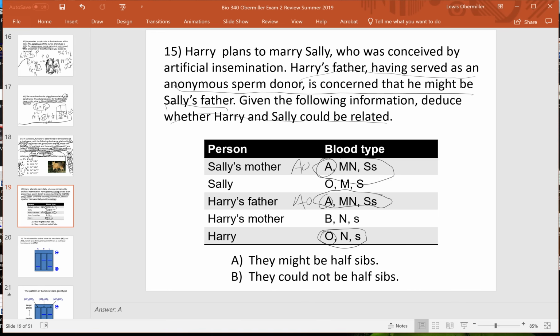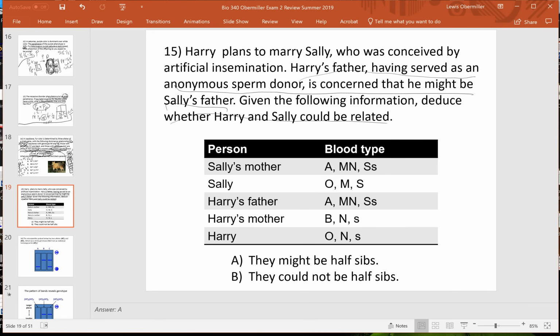And so it's possible that they could pass on this to give S. They could pass on this to give N, and they could pass on this to give O. So it's likely that Harry's father really fathered Harry. Now, what's the probability that, wait, we wanted to do Harry's mother. So she could be, I'm sorry, let me start over. Damn it.